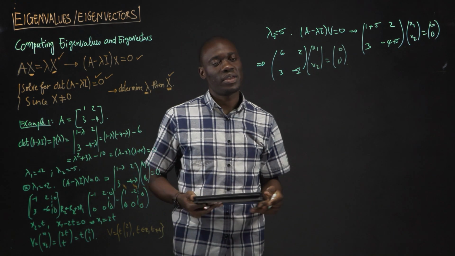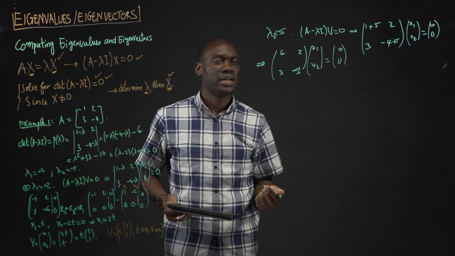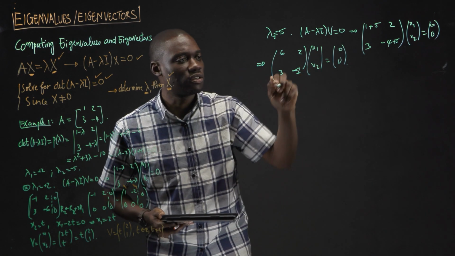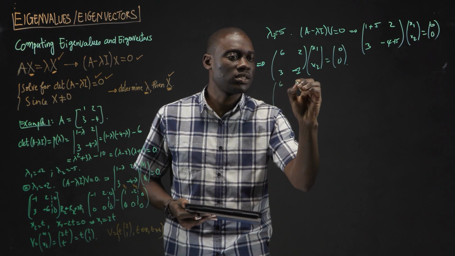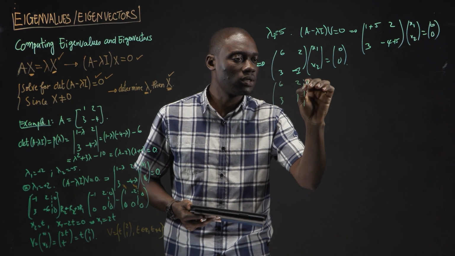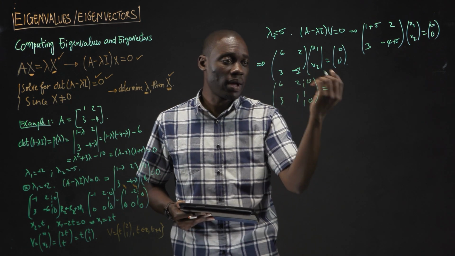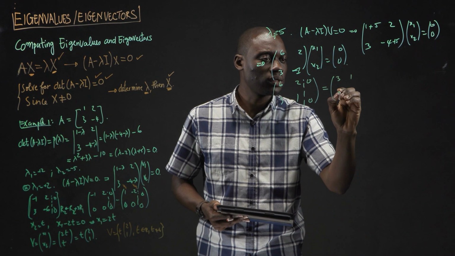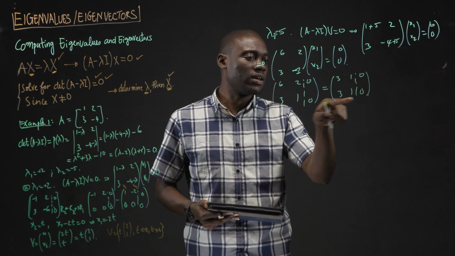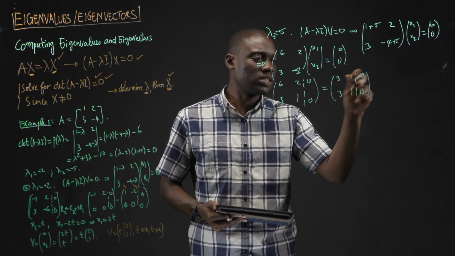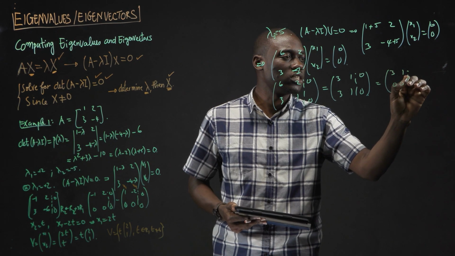So if I do the row echelon here, let's say I divide the first row by 2, I will have [3, 1; 3, 1]. Then if I take the second row minus the first row, I will have [3, 1; 0, 0].